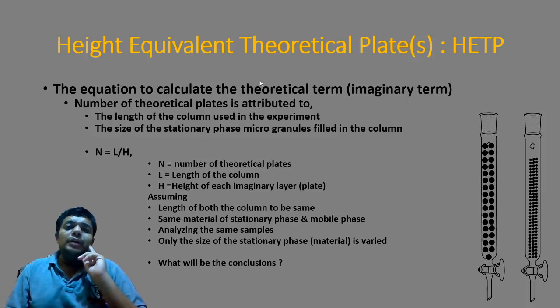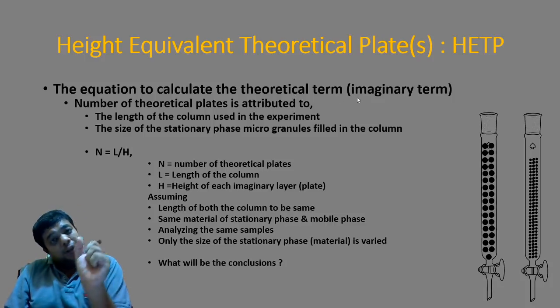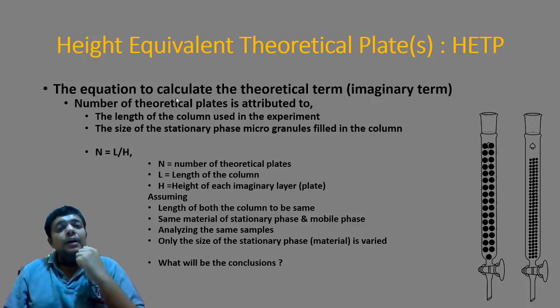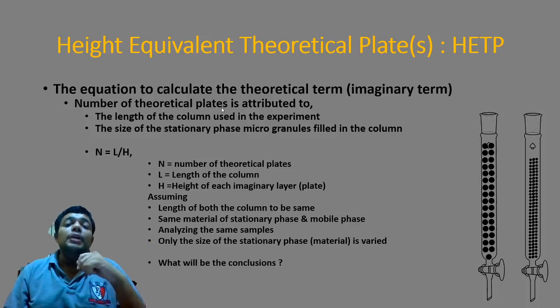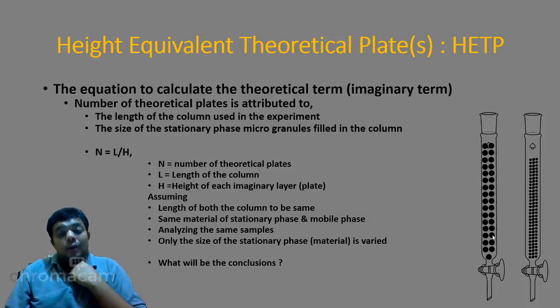The equation to calculate the theoretical plates, imaginary plates, is: the number of theoretical plates is attributed to the length of the column used in the experiment and the size of the stationary phase microgranules filled in the column. From this end to this end is capital L, the length of the column.